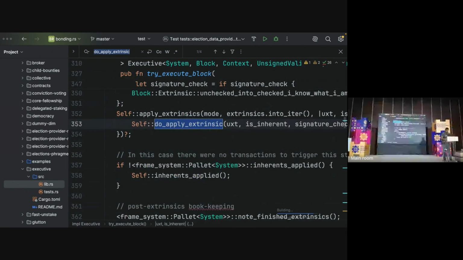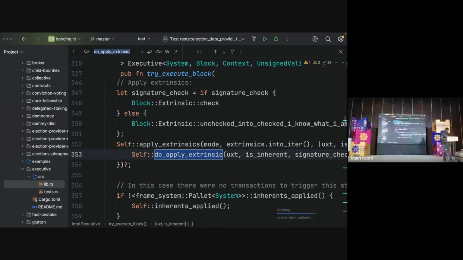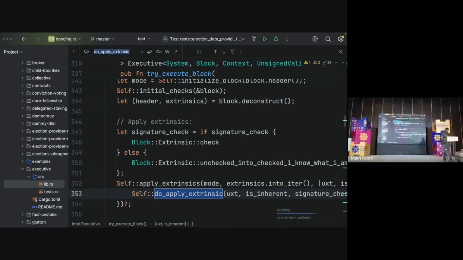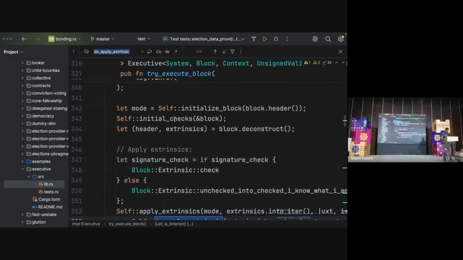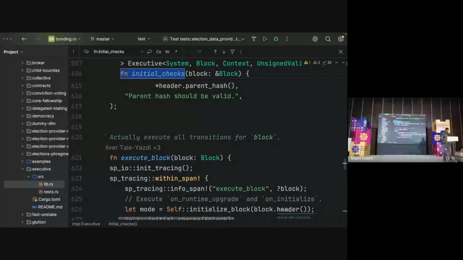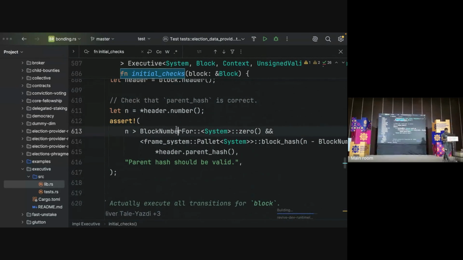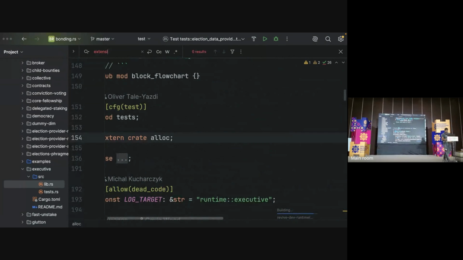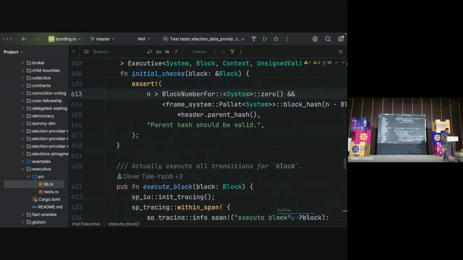Then there are other unsigned transactions that might even circulate through the pool of the different nodes. The inherents have a special place because, as part of consensus, there is an agreement that the block producer can and should put them there, which is not necessarily the case for other unsigned transactions.